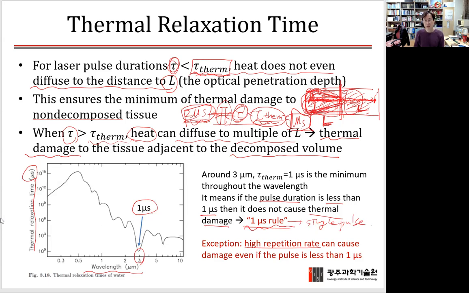And then finally, the surrounding tissue will also be affected by multiples of the single pulse, even though maybe a single pulse is not longer than 1 microsecond, which you can also see in the LITT slide.